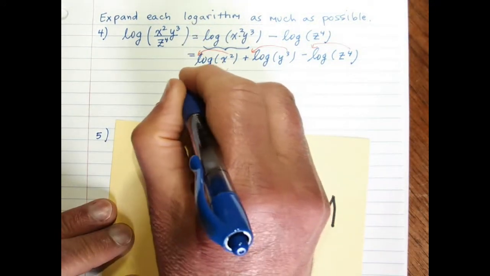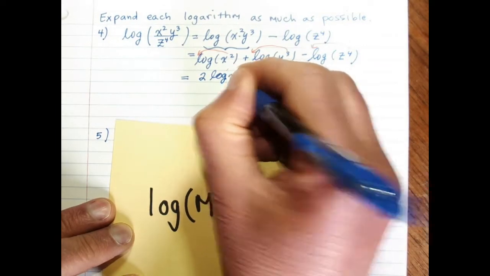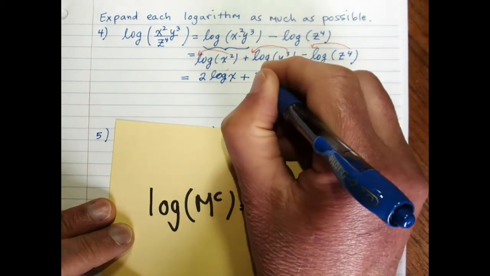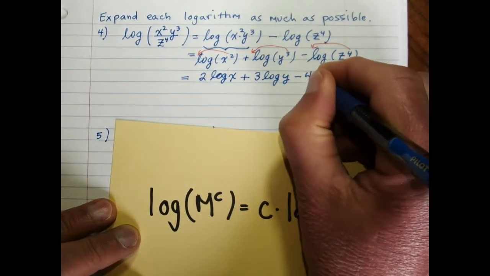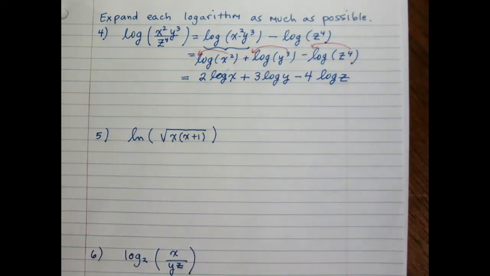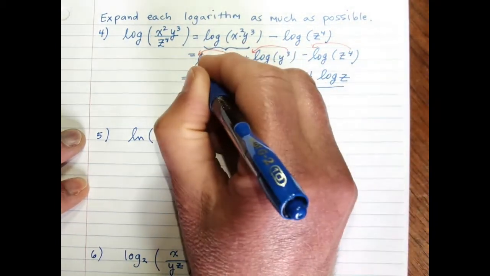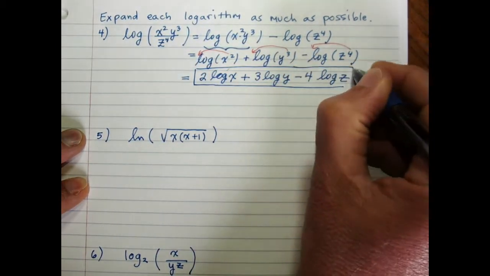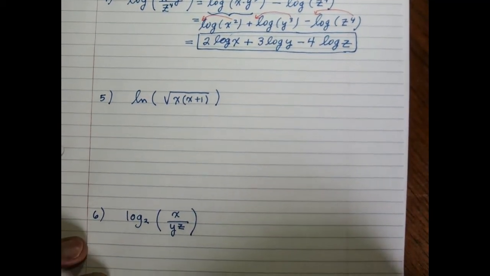So my log of x squared becomes 2 log x plus I get 3 log y minus 4 log z, and that's it. So we're intentionally spreading these out into a big mess if we can, expanding as much as possible.